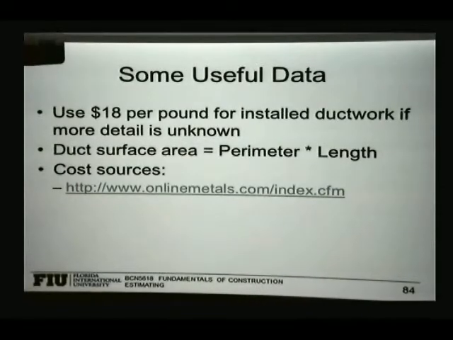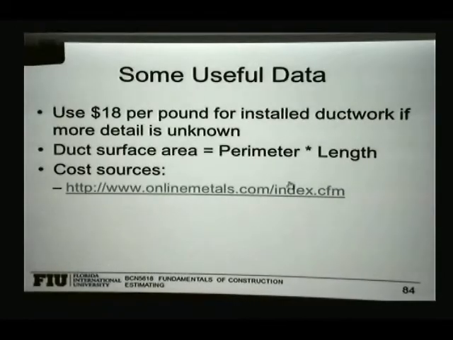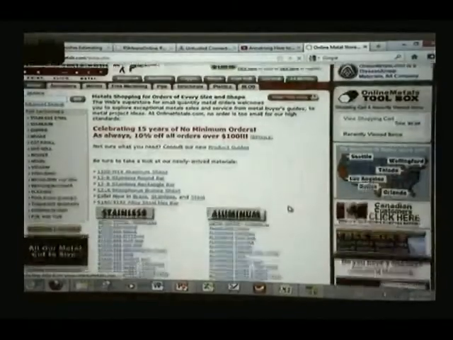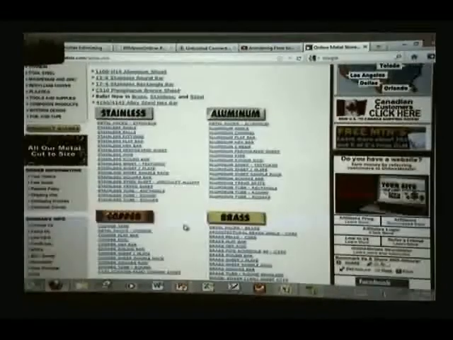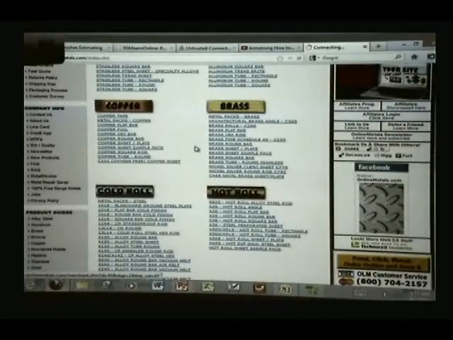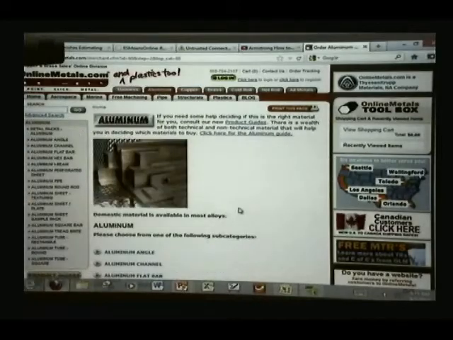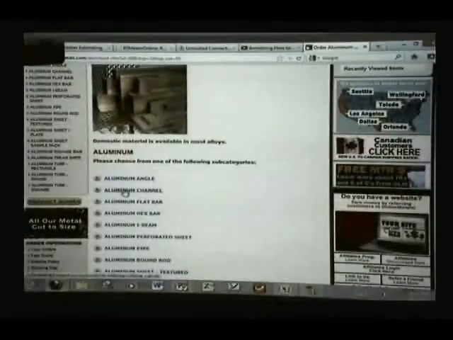Here's some information about metals that can be found on this website. Basically, you have different types of sheets and materials. So you click on one of those, and it tells you what different types there are. And I think on this webpage, in some places, you also get cost per square feet, if I'm not mistaken.